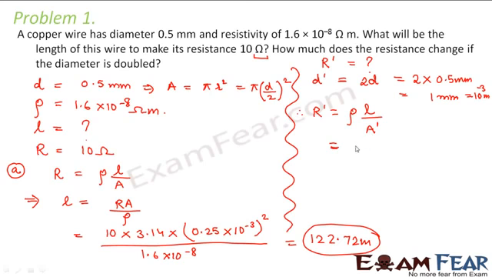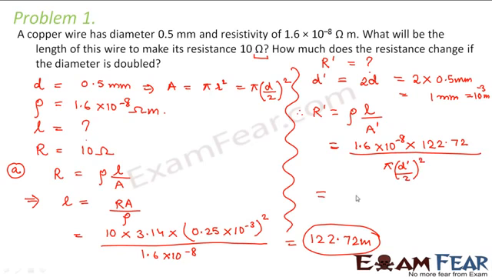So this becomes equal to, what is rho? Rho is 1.6 into 10 to the power minus 8. What is L? L has been calculated as 122.72, divided by A dash, which would be equal to pi R dash square. So pi R dash square would be pi D dash by 2 whole square.